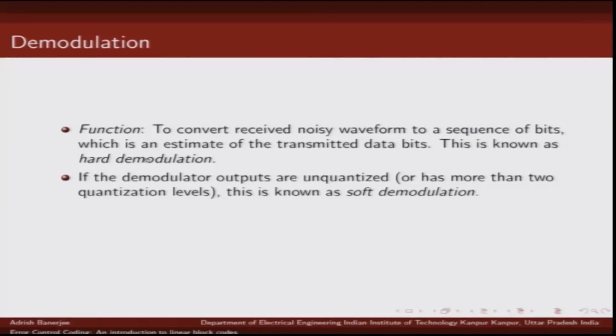Now, if you were doing hard demodulation, because the decision threshold will be 0, you will demodulate it to be a 0 bit transmitted, but 0.01 could very well have been -0.01 if the noise would have been a little bit like this. So, it is very close to 0. So, in hard demodulation you lose that information.